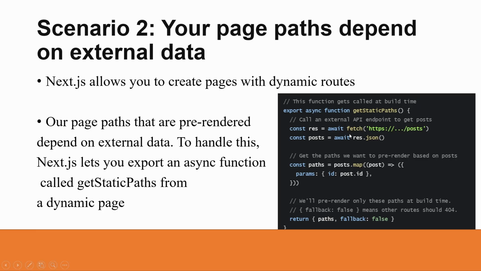Here we get the data, and with this data we are going to return certain paths. I will explain fallbacks and the paths function in an individual video. So with this function we can set the path.